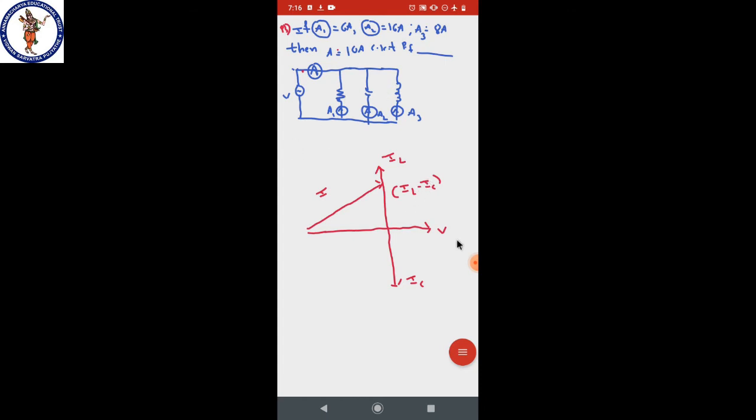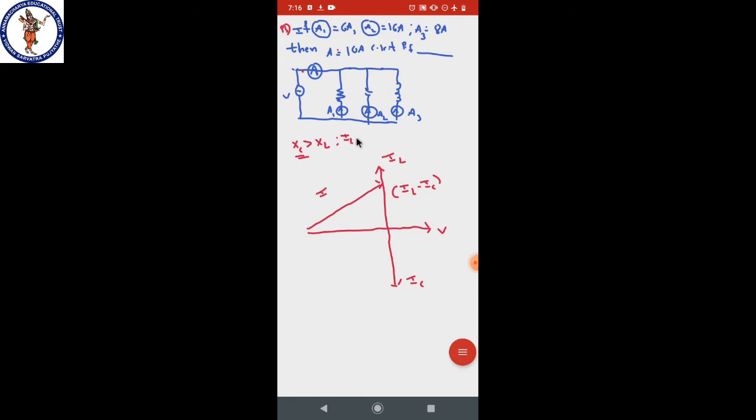I don't know whether XL is greater or XC is greater, and I don't know what XC, XL or R are, but I assume that XC is greater than XL.